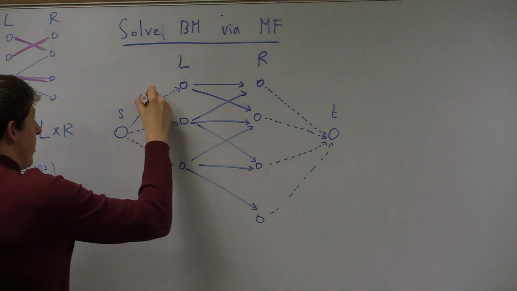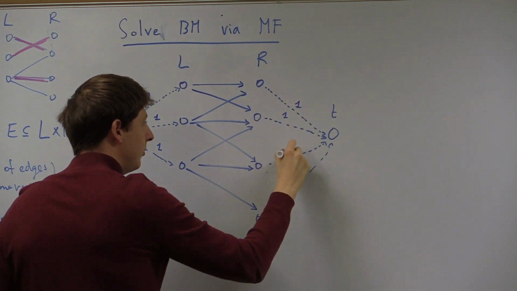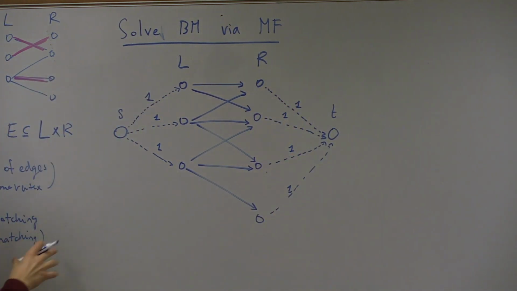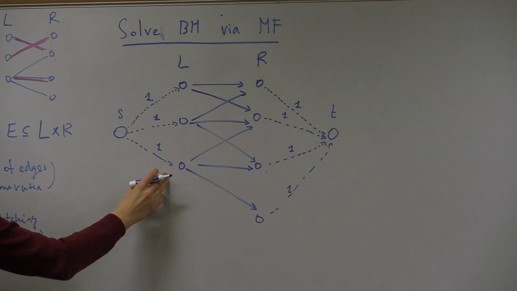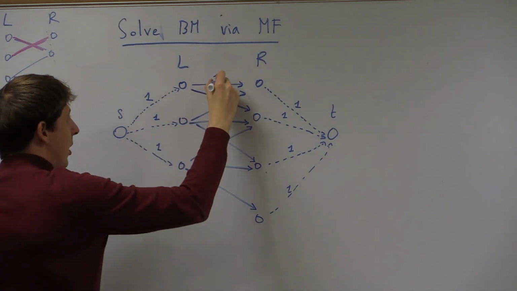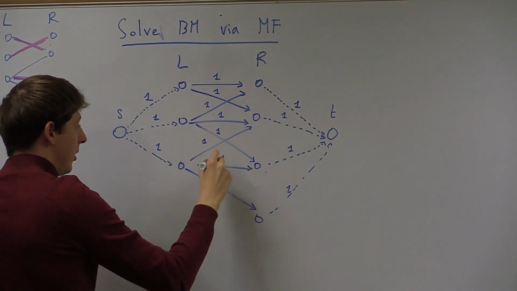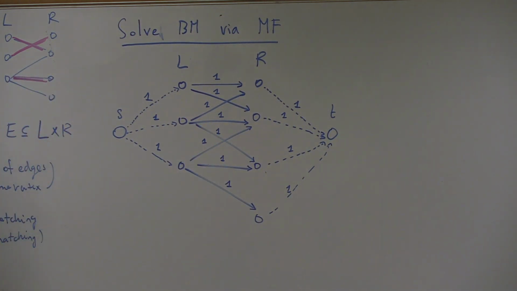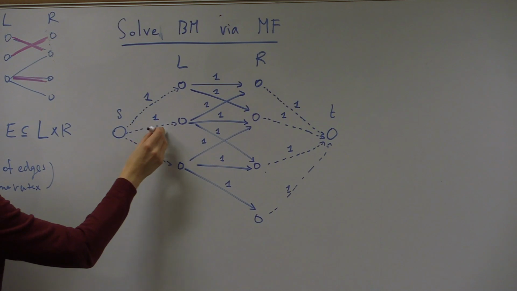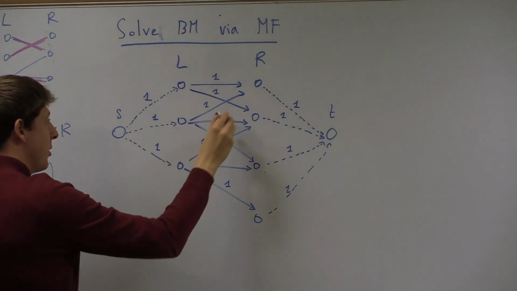So the idea is to say, well, look, let's just put capacities 1 on each of the edges from S to L and from R to T. And we're going to put capacities 1 also on all of the now oriented edges from L to R. The intuition here is that if a flow pushes a unit of flow onto an edge, then somehow this unit has to go somewhere.